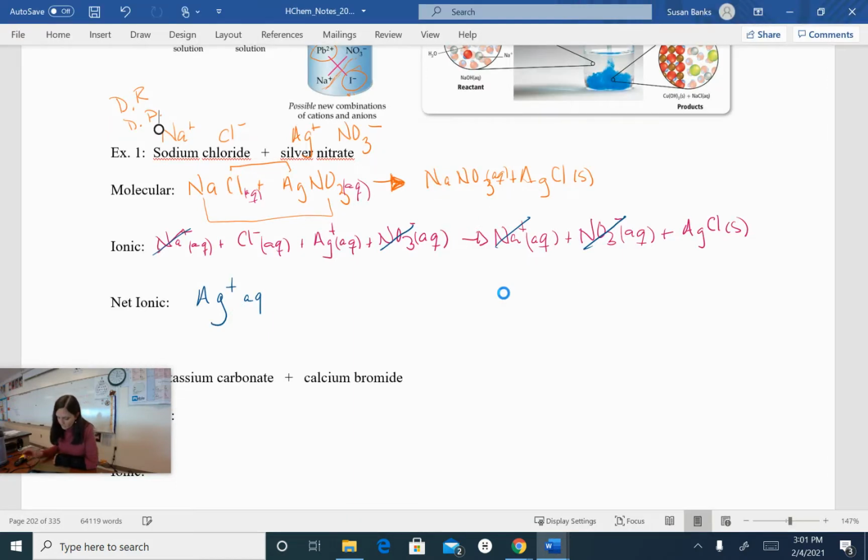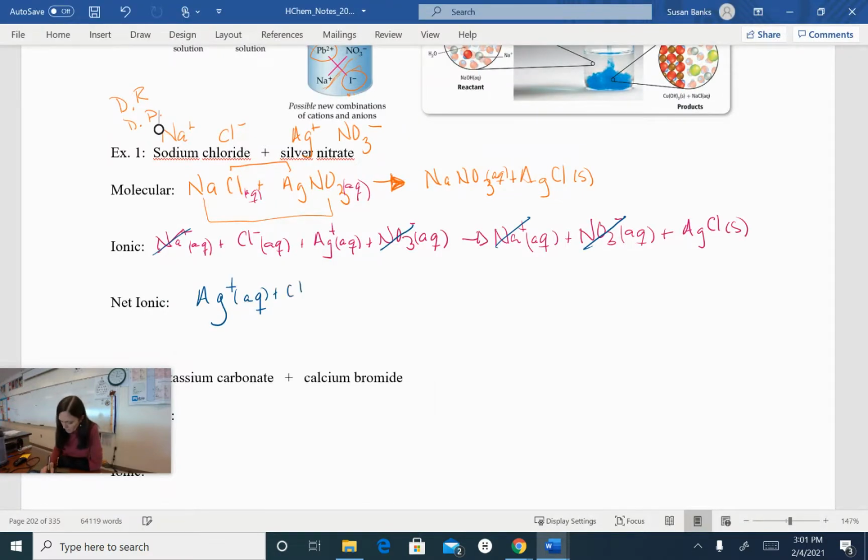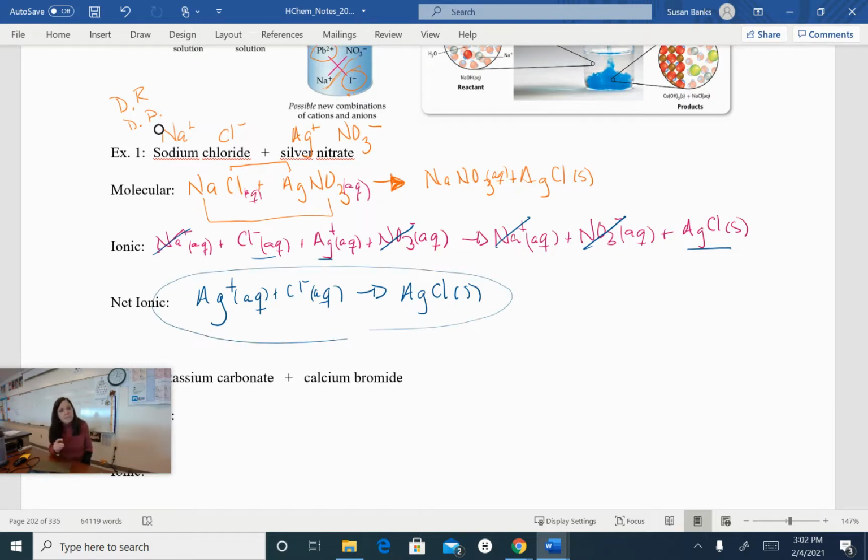Okay. So those are what's left. And then this is what's left. Silver chloride solid. Okay. So our net ionic reaction is going to be silver chloride precipitating.